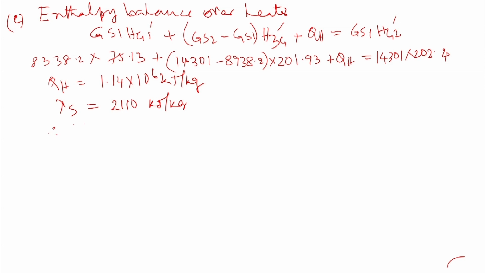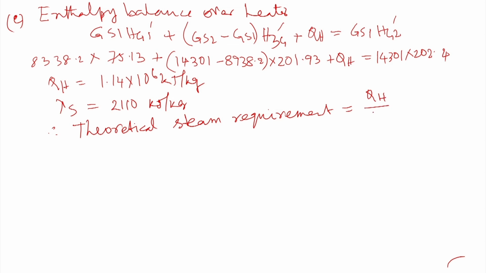So, we can see the theoretical steam requirement is equal to, from this basic formula, QH by lambda S. QH we have got as 1.14 into 10 to the power 6 divided by 2110. So, from here we will be getting 540.3 kg per hour. So, the theoretical steam requirement will be 540.3 kg per hour.